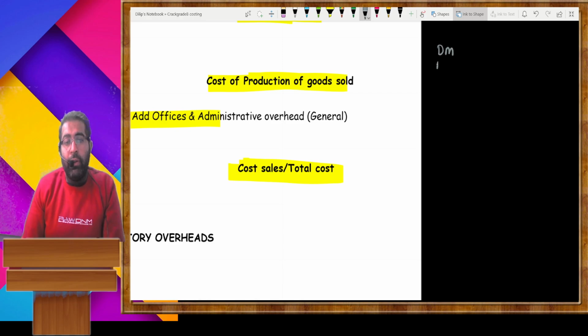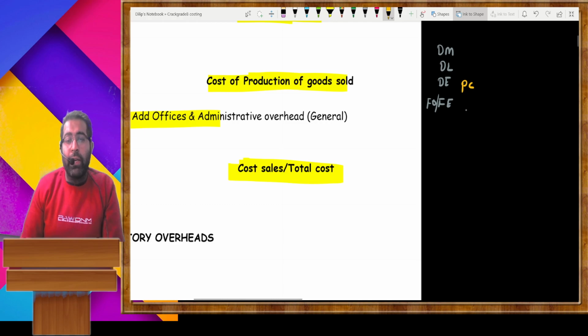Direct material, direct labor, direct expenses, then we will get prime cost. Now add all the types of factory expenses or factory overheads.